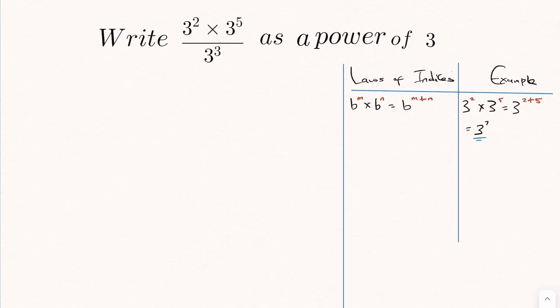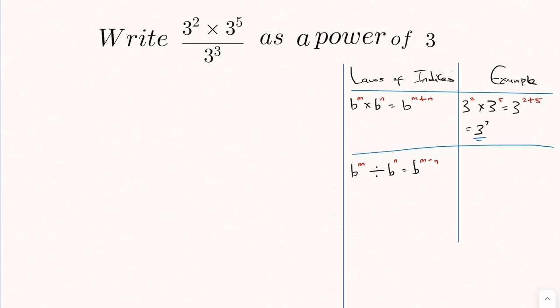And then for the other one, which I told you about, is the division. It's the same thing. Let's give an example. Let's say b raised to the power of m is being divided by b raised to the power of n. It's the same thing as saying b will be raised to the power of m minus n.